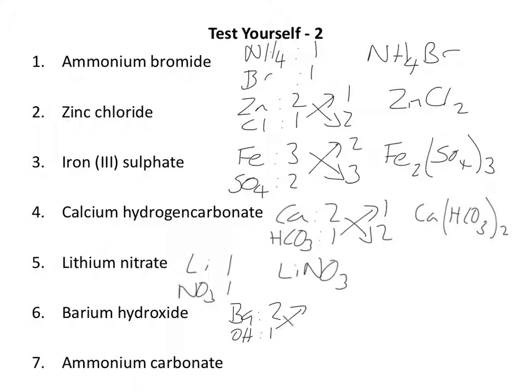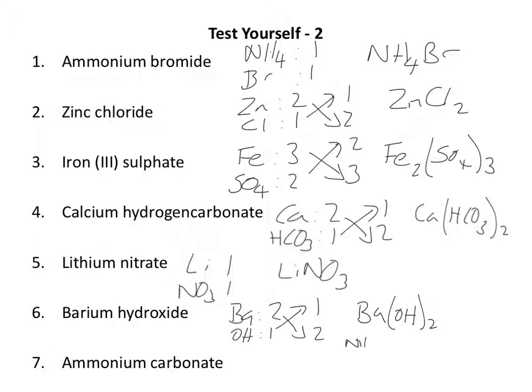We swap them over, so we've got 2 and 1. We've got 2 lots of a compound ion, so we'll write that as Ba and then bracket the hydroxide. We'll have 2. And to finish off with, we have ammonium carbonate, and that's going to be very tricky for me to write out because there's not much space at the bottom of my iPad screen, so I've got a load of other icons on here. So let's do our best.